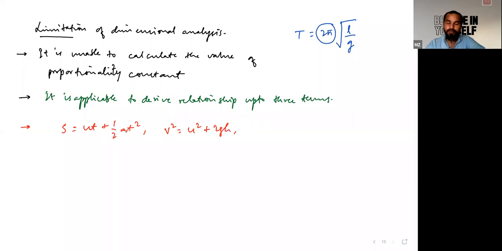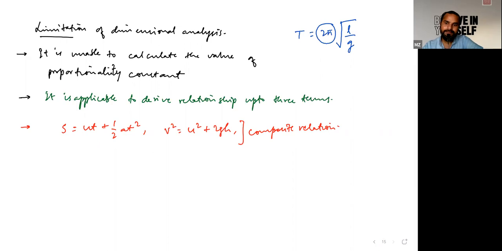These relationships which contain a plus sign or minus sign between terms are called composite relationships. And with the help of dimensional analysis, we won't be able to derive this kind of relationship.